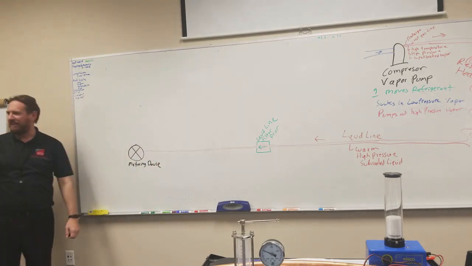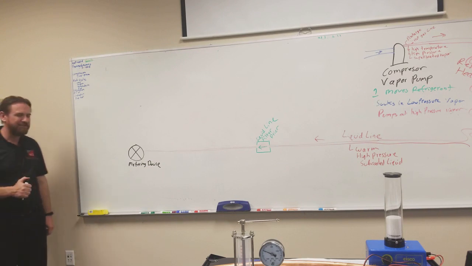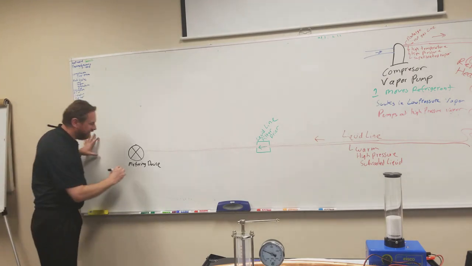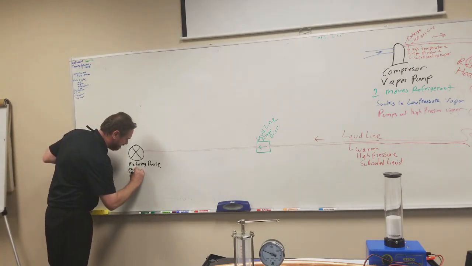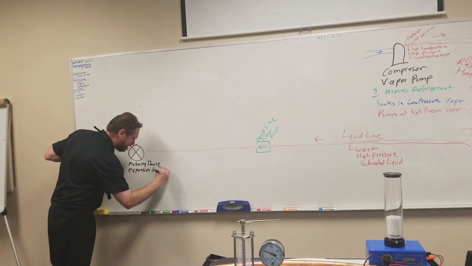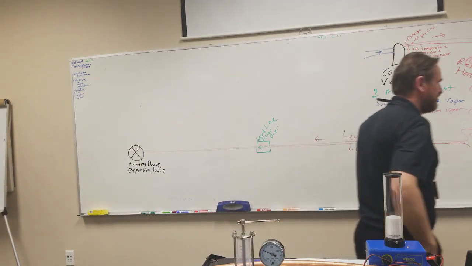I did it in black and white instead of the yellow. The metering device has 2 names. The other name is called an expansion device. Metering device, also known as an expansion device.